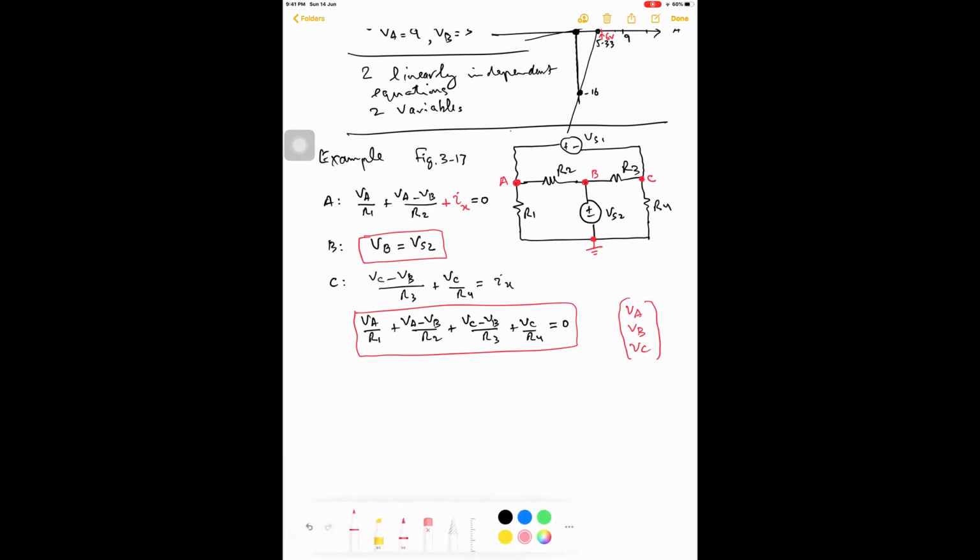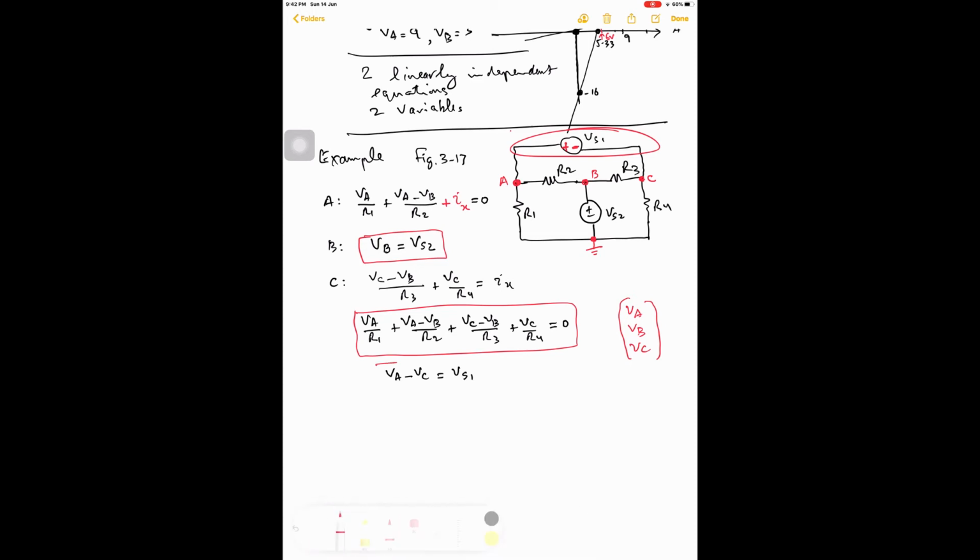If you see the circuit over here, the voltage source appears between node A and node C. Due to the polarity of this voltage source, look at the circuit diagram, we see that Va minus Vc is equal to Vs1.